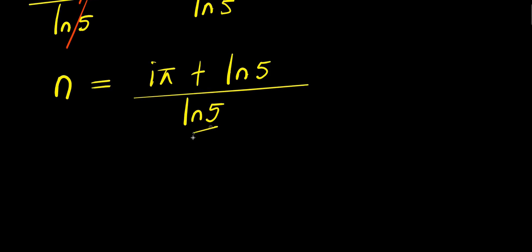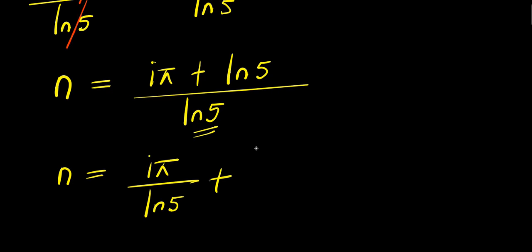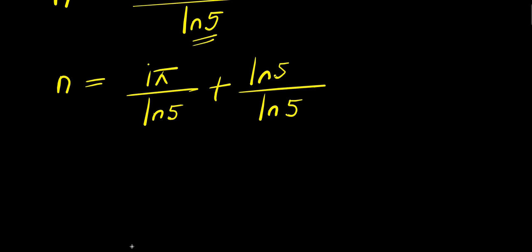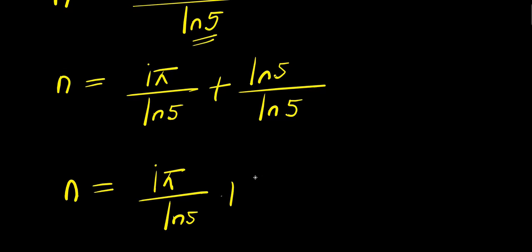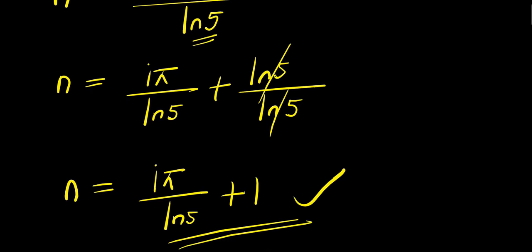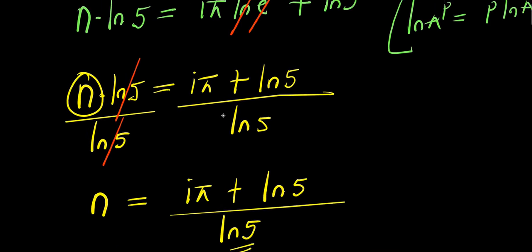So by dividing by the common denominator, I have n equals I times pi divided by natural log of 5 plus natural log of 5 divided by natural log of 5. So right now, I have n equals I times pi divided by natural log of 5 plus 1, because this cancels this. And this is our answer based on this particular method of solving.